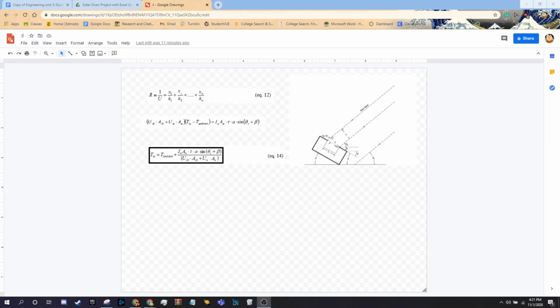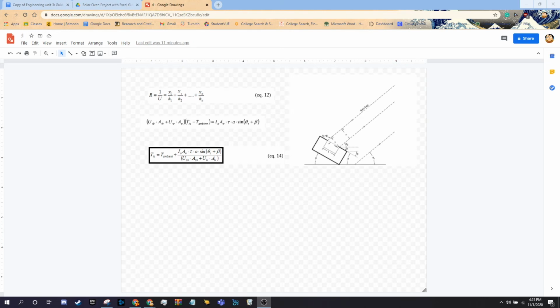Equation 12 basically calculates the amount of energy leaving the oven. You do this by dividing the thickness of the first material by the coefficient of thermal conductivity of the first material. And for every material you have, you keep on adding it.